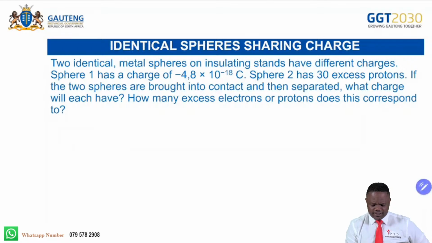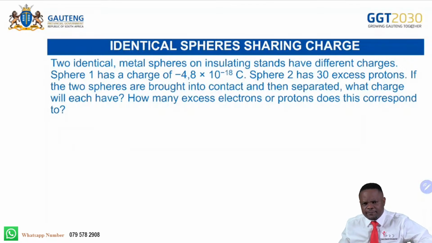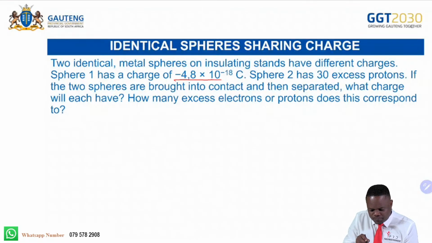Right, let's look at a different kind of example, and we see how we can still apply this formula of charge quantization. Now we have two identical metal spheres on insulating stands. They have different charges. Sphere 1 has a charge of negative 4,8 times 10 to the power negative 18 coulombs, and sphere 2 has 30 excess protons.